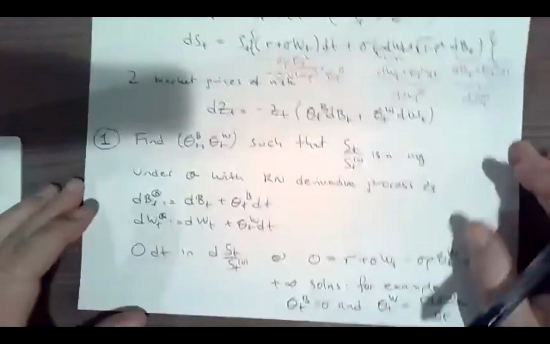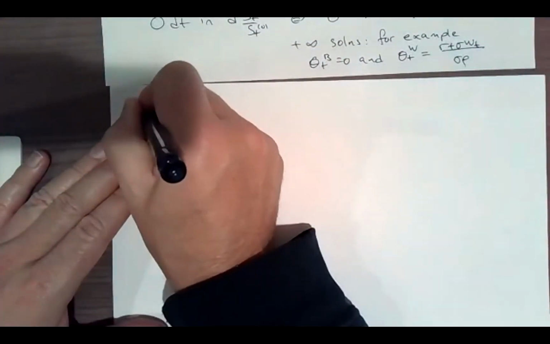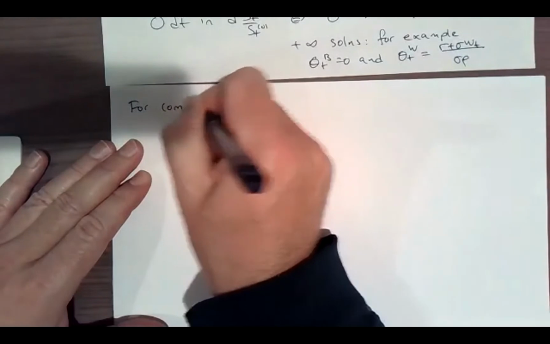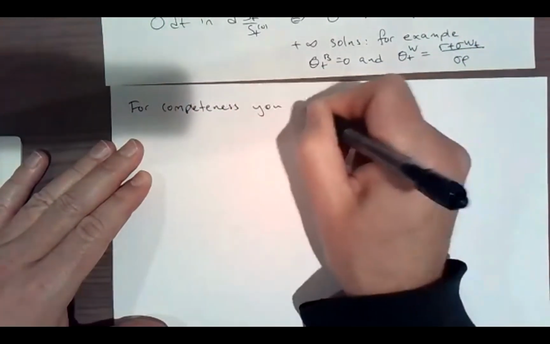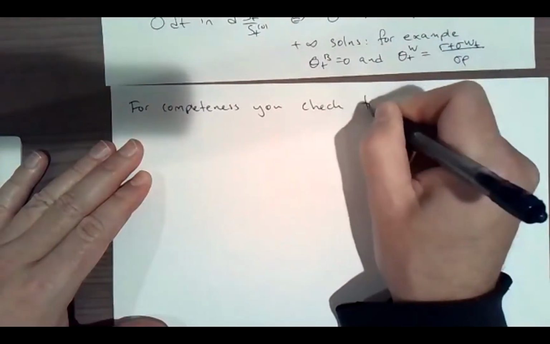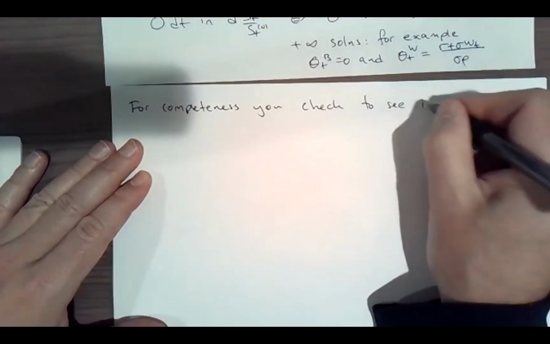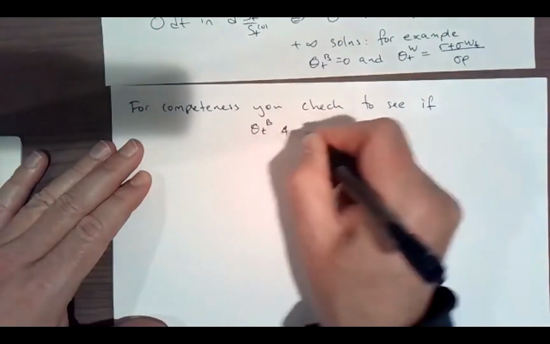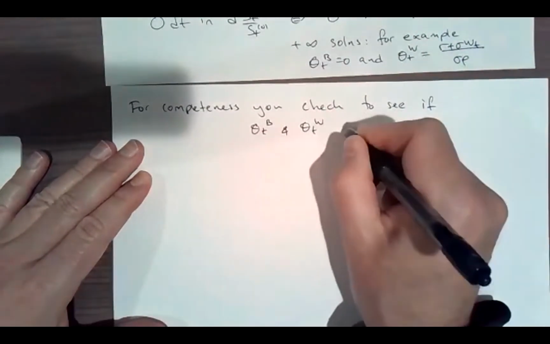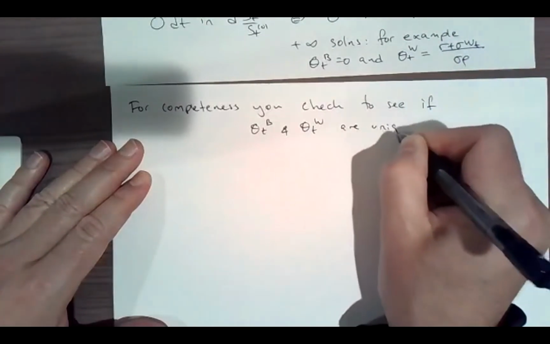The second question is about completeness. We haven't really had time to talk about this, but for completeness, you check to see if theta tb and theta tw are unique.